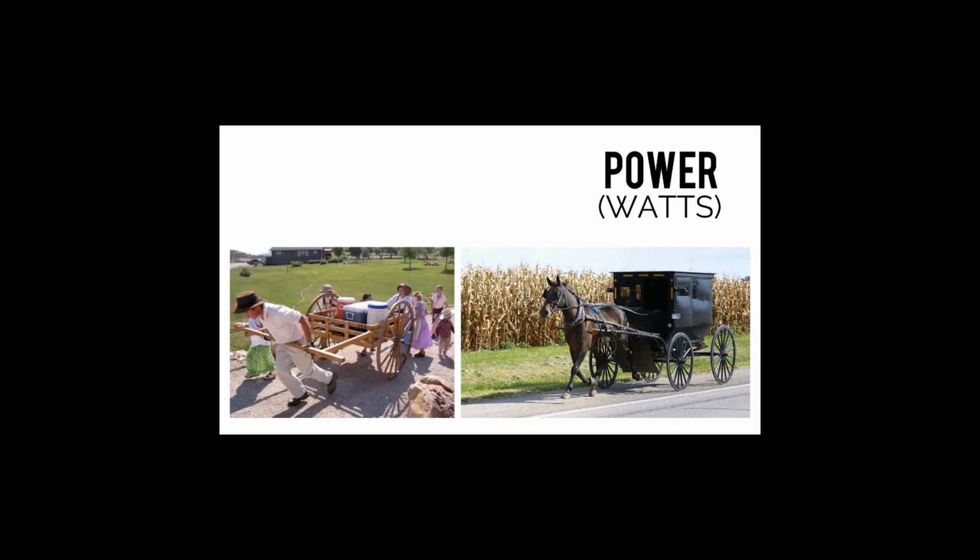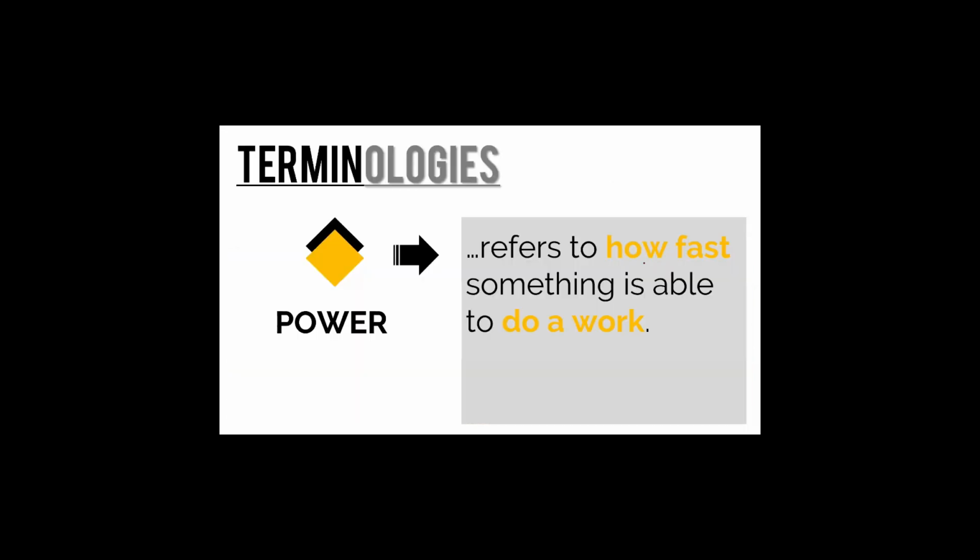But before that, let us first know what is power. When we say power, it refers to how fast something is able to do a work. It refers to how fast an object can do a certain work.